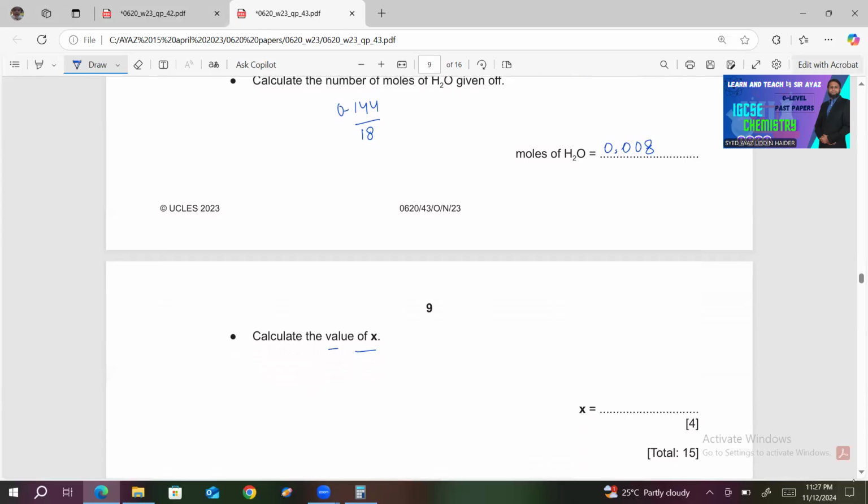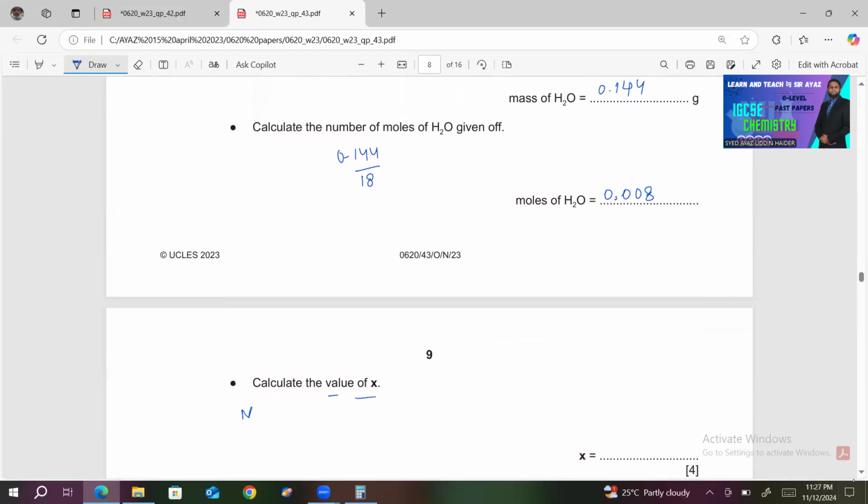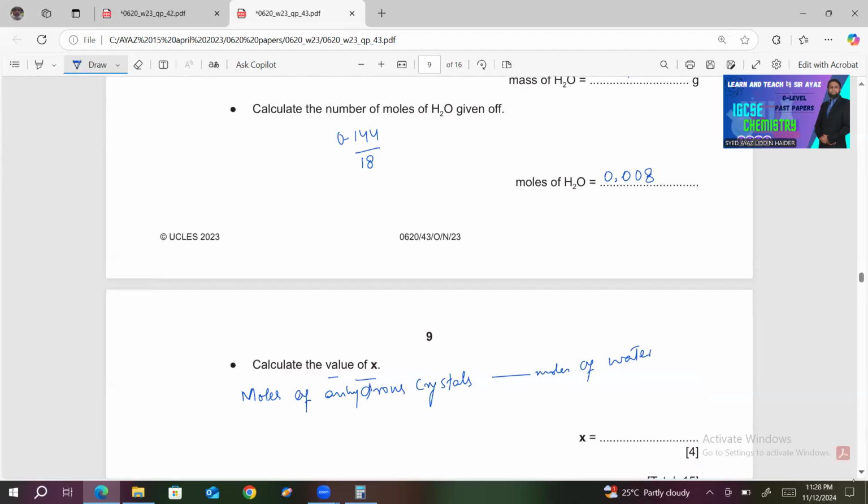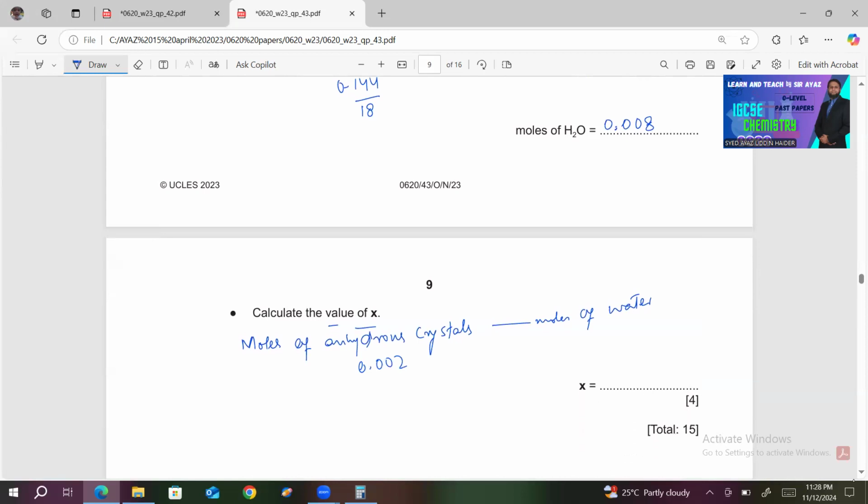Calculate the value of X. So we have moles of anhydrous crystals and moles of water, which are 0.002 and 0.008. 0.002 moles reacted with 0.008 moles of water.